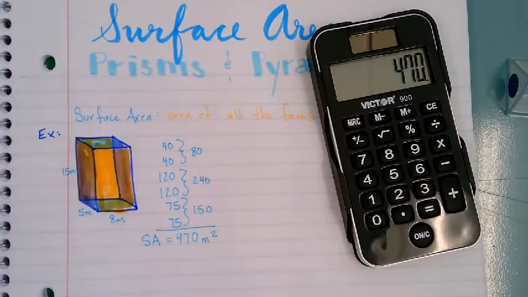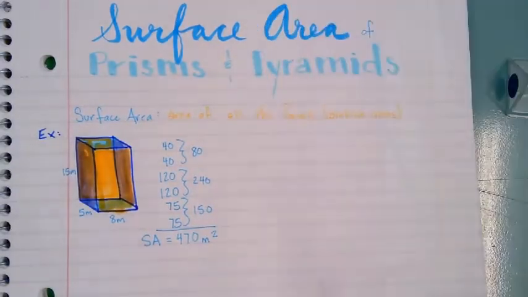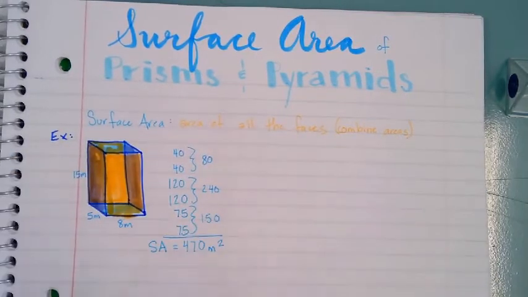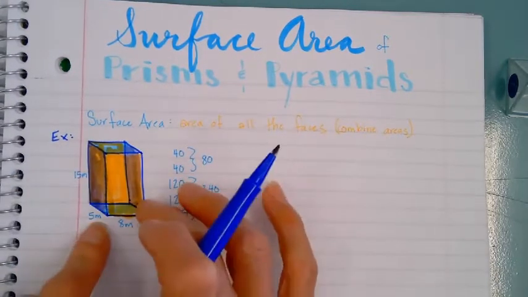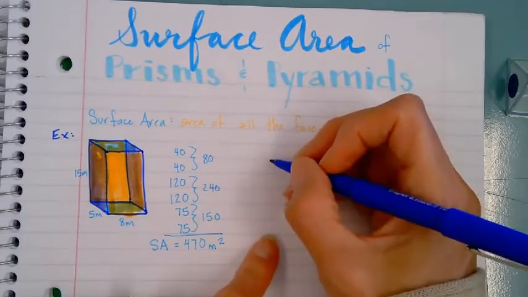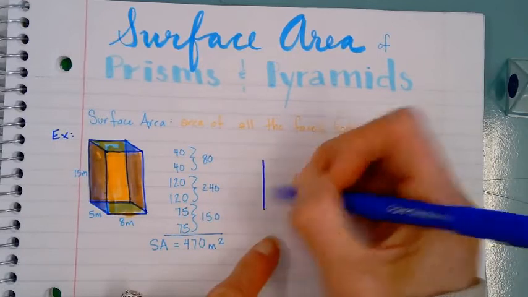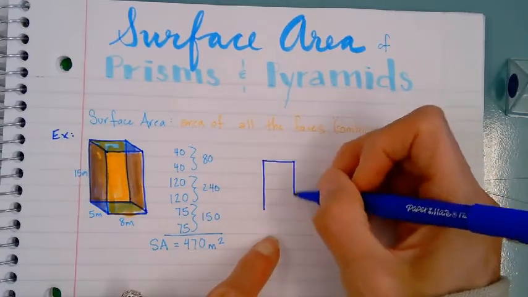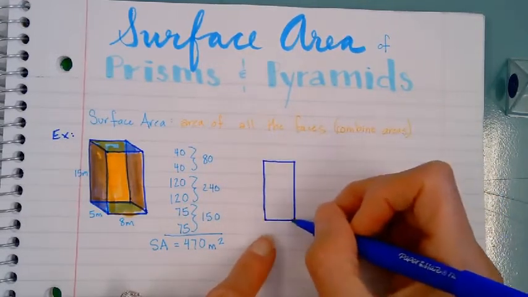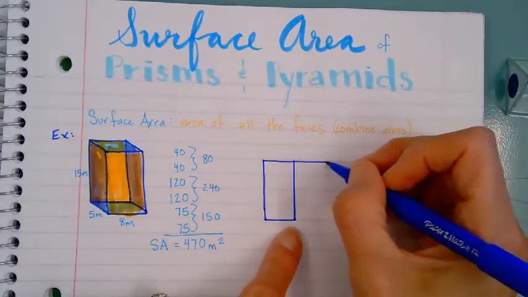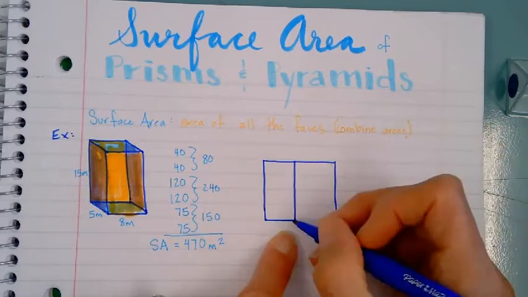Now maybe you didn't quite catch which sides I was figuring out on this prism. Maybe it would be easier if you were to draw the net of this. So let's take this and draw the net. If we were to unfold the whole thing, we would have a rectangle that's 5 by 15, then another one that's 8 by 15.